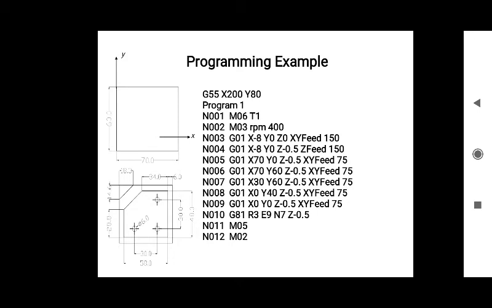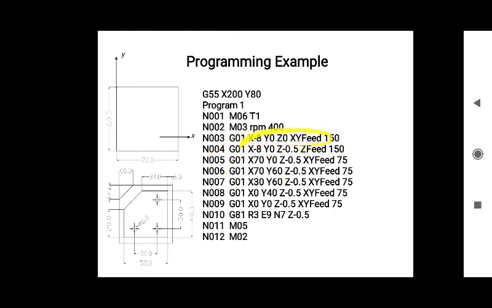Here you can see the last N012, this you are supposed to write sequence wise. To perform the operation, however the number of these sequence is required, don't bother about it, you are supposed to give the instruction one by one.